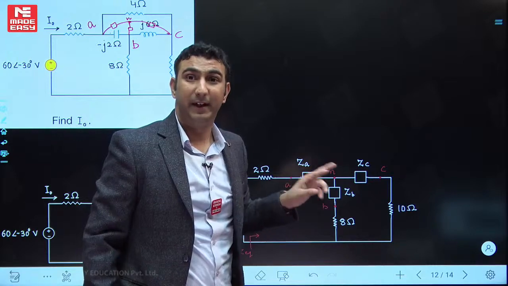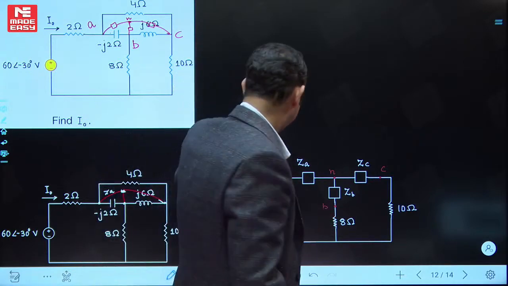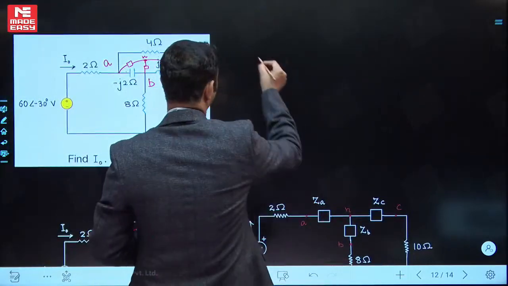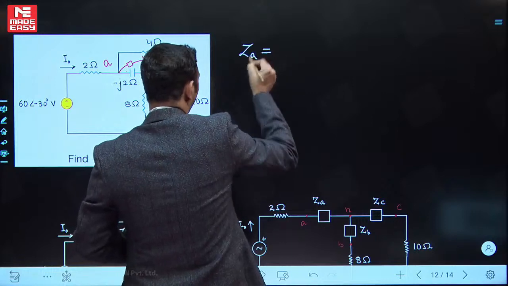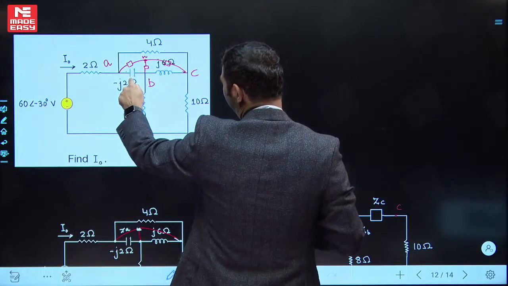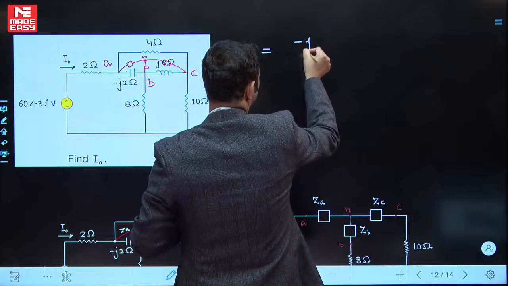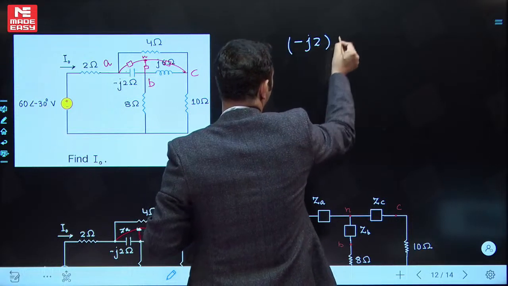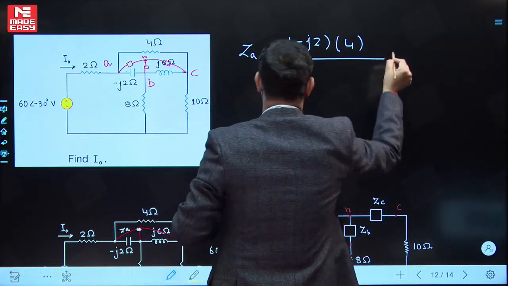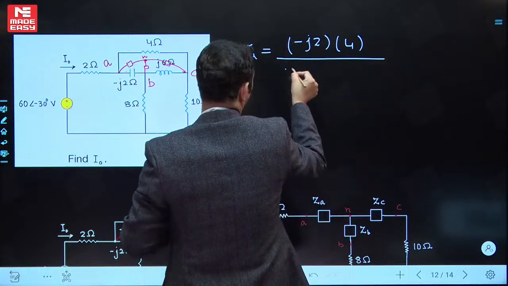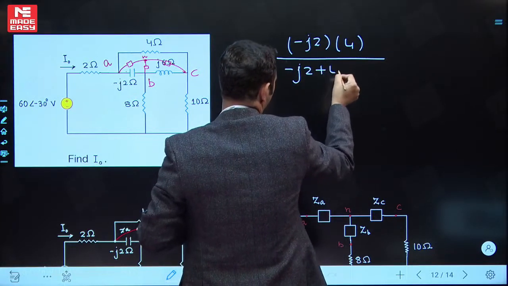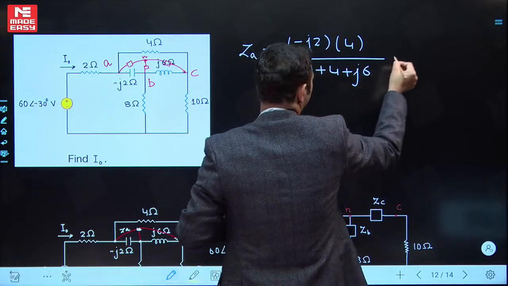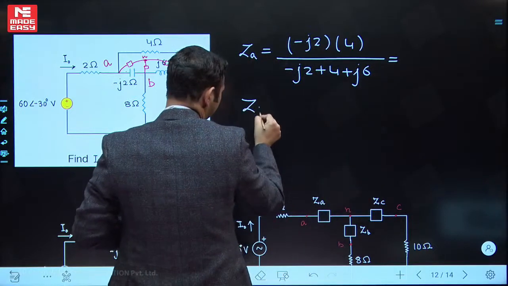What I need is the value of ZA, ZB and ZC. I hope you know the formulas. I'll write one, but otherwise it's wastage of time. What will be ZA? ZA will be this into this, that is minus j2 into 4, divided by the sum of all of them, minus j2 plus 4 plus j6. And we can solve all these ZA, ZB and ZC values.